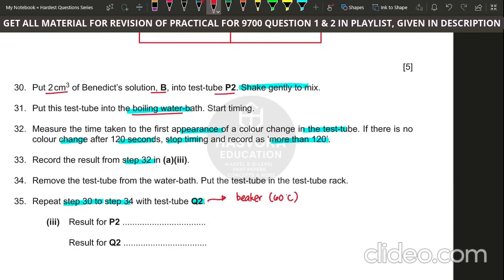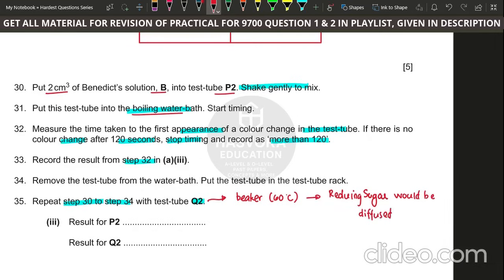So the temperature will be higher, so this means that diffusion will be faster, and more of the sugar content, or you can say the reducing sugar, would be diffused. Okay, this is what it means.